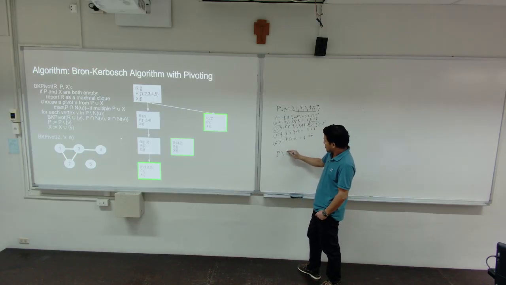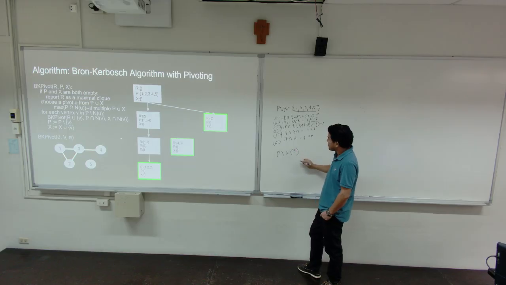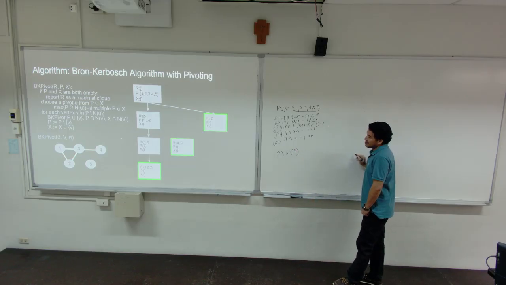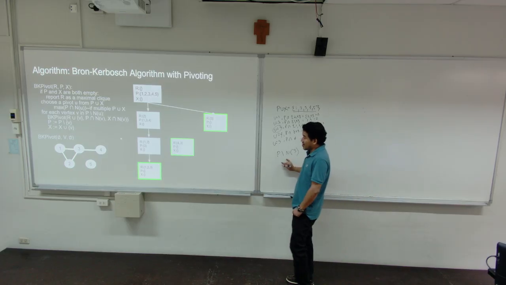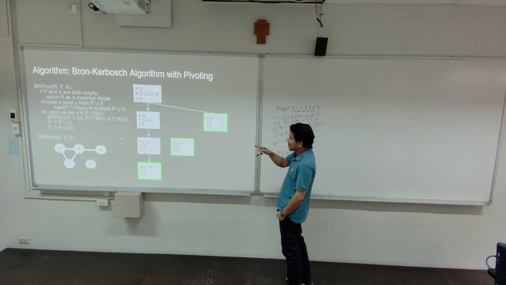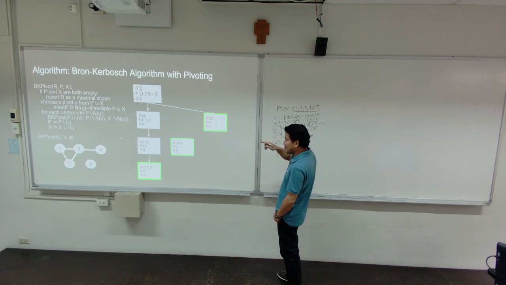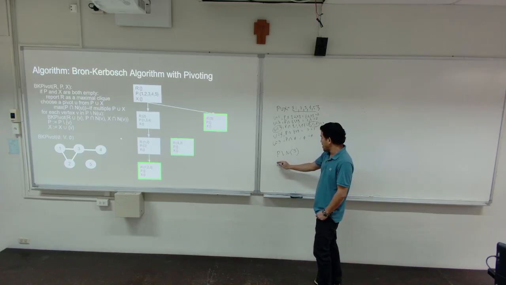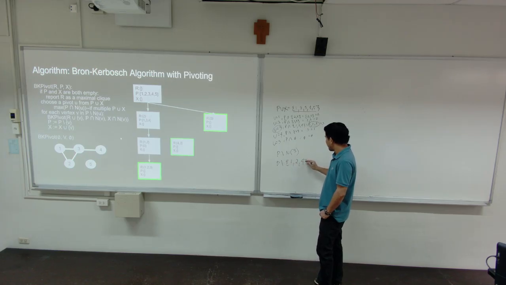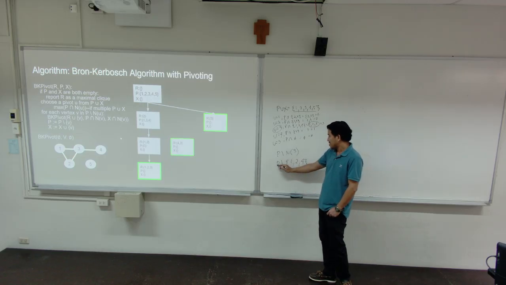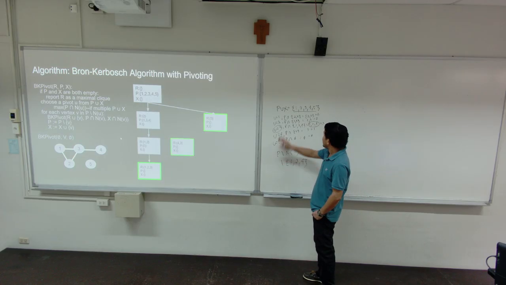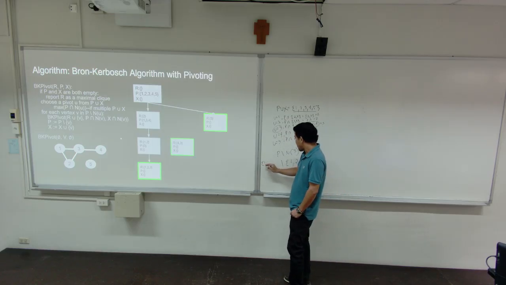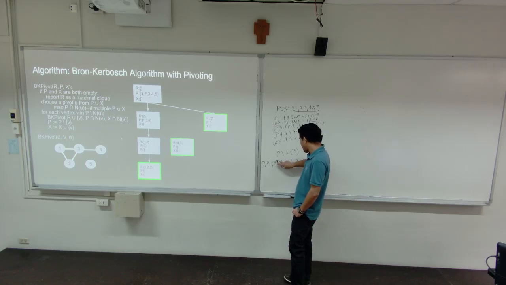So we now have P minus neighbors of 3. So what are the neighbors of 3? The neighbors of 3 we have 1, 2, and 4. P is 1, 2, 3, 4, 5.